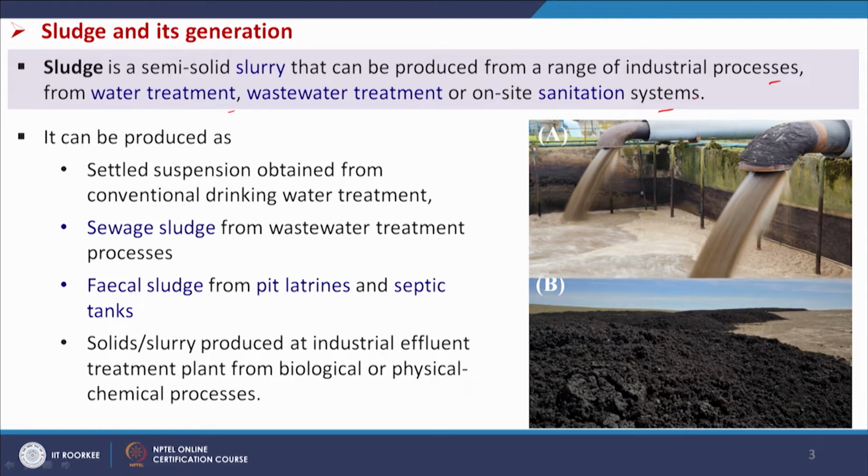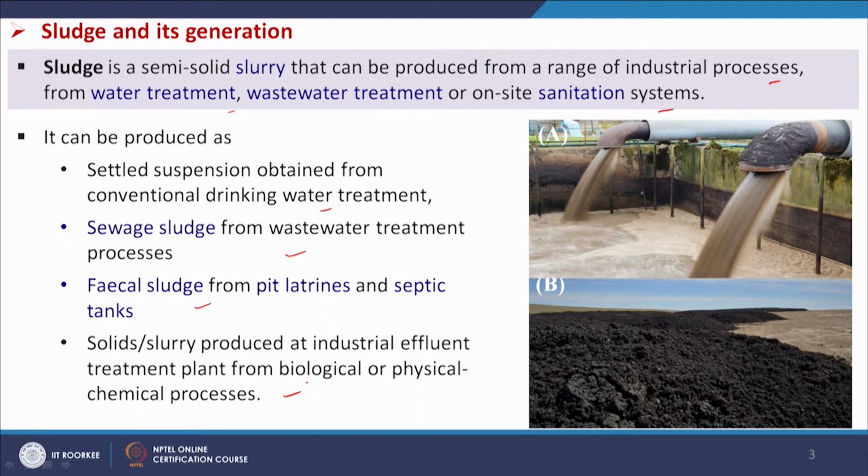It can be produced as settled suspension obtained from conventional drinking water treatment, sewage sludge from wastewater treatment processes, fecal sludge from pit latrines and septic tanks, and solids or slurry produced at industrial effluent treatment plants.